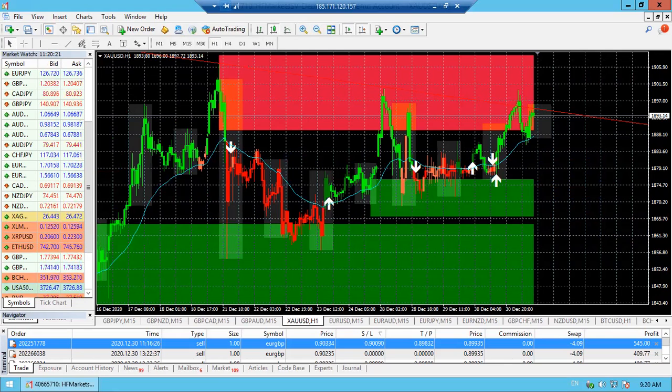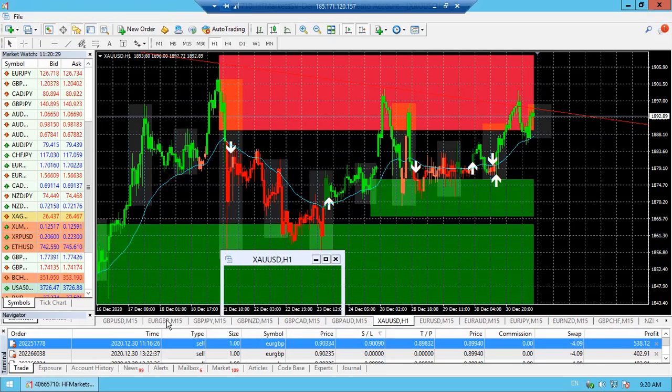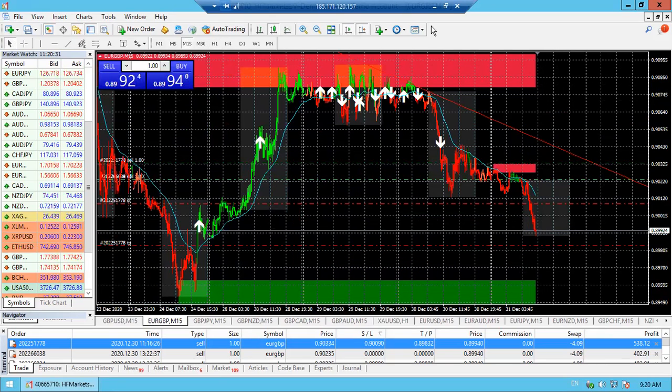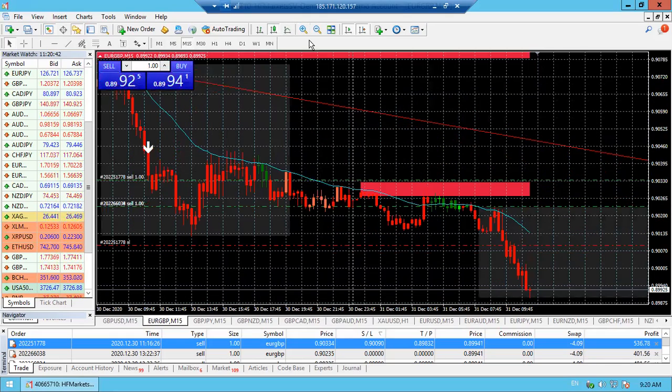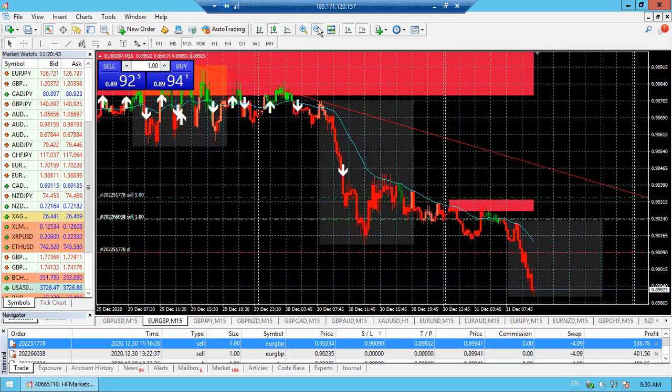I'm expecting a sell signal on 1 hour. So for now, the Euro GBP trade is good. I think a pullback will be happening anytime soon on Euro GBP. We're on a downtrend. That's why there was a very huge push.